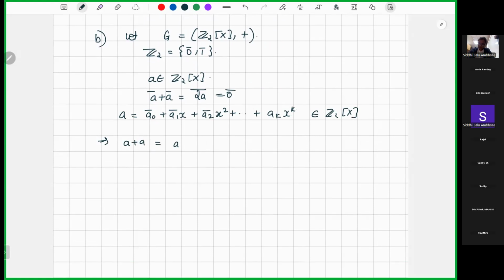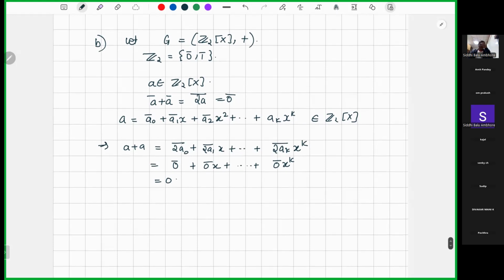This is 2a0 bar plus 2a1 bar x, and so on, up to 2ak bar x power k. And in Z2[x], this is 0, right? This is 0 bar plus 0 bar x plus so on, 0 bar x power k. And this is nothing but 0.